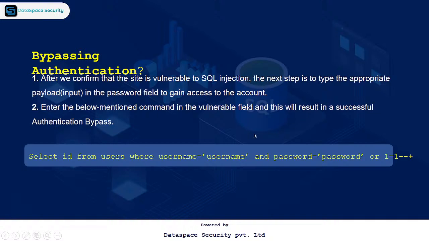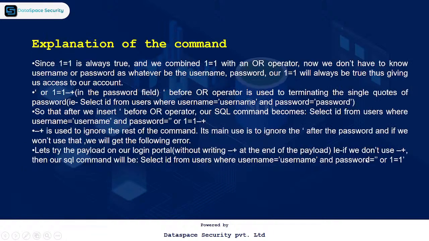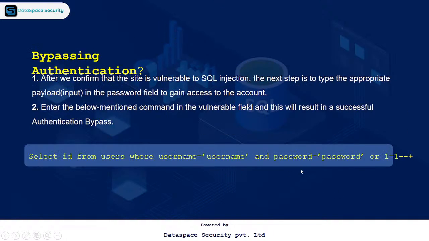What we will be doing is checking whether it is vulnerable or not, but in the case of bypassing, we cannot check that. This is not the full command. It is the code that is running behind the web page, in the database.